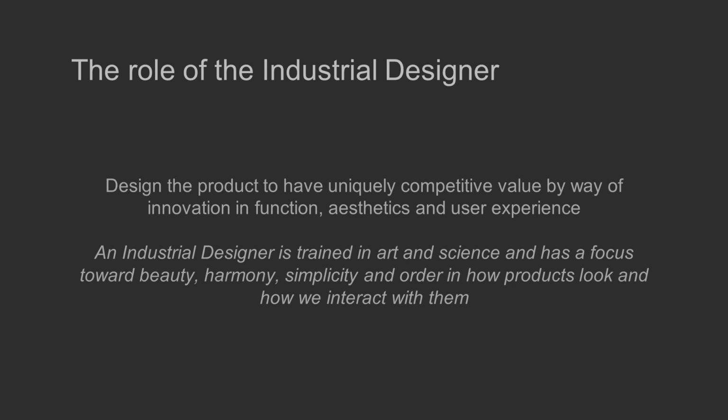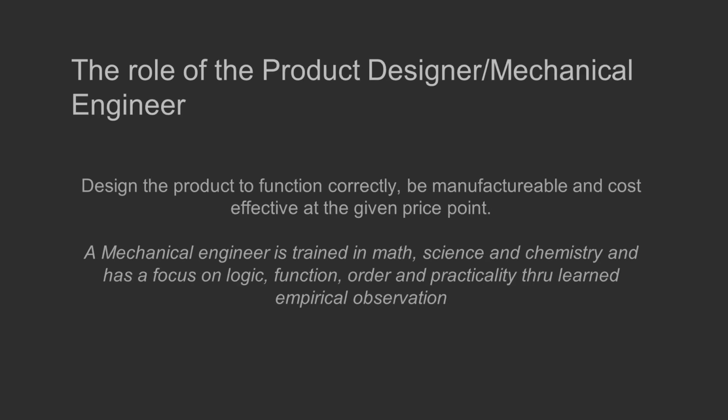The ID is trained in both art, science, and materials, but they have a focus towards beauty, harmony, simplicity, and order in how products look and how we interact with them. On the other hand, the role of a mechanical engineer is to execute on a product that is functional in operation and is manufacturable within an acceptable price point.